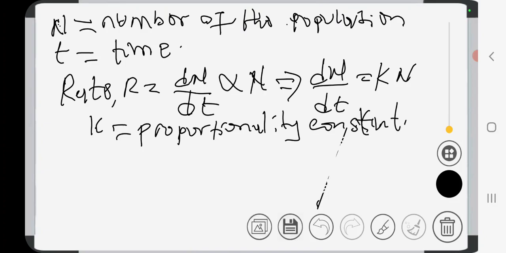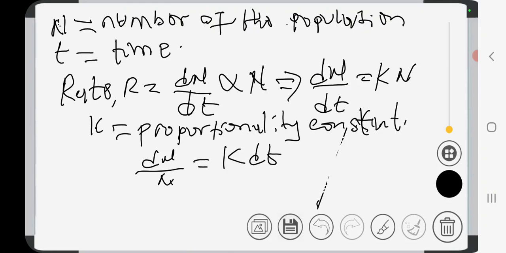So what we need to do is to use the idea of the separable variable method to solve this problem. What I mean by the separable variable method is that we take all the same variable to one side of the equation and the other variable to the other side. So I take the n under the dn, so I have dn divided by n, then you cross multiply the dt to the other side, so it's going to be k dt.